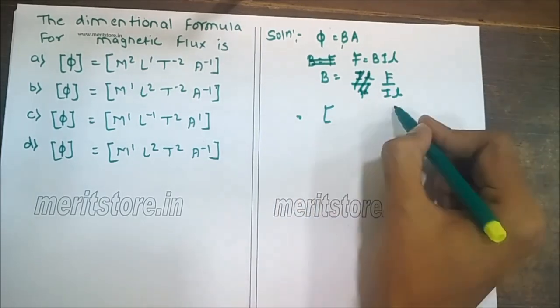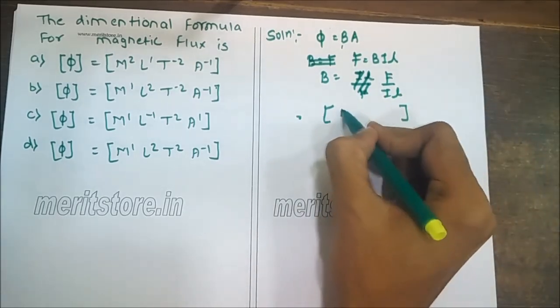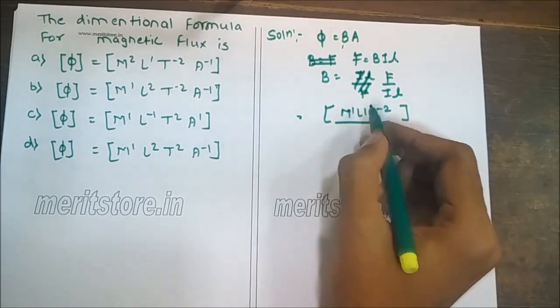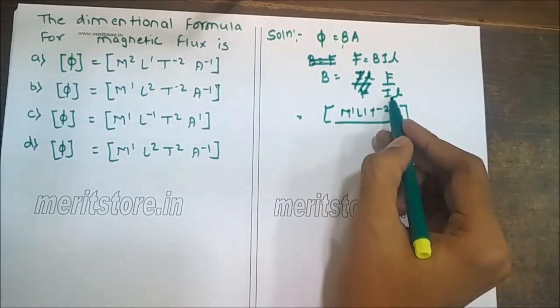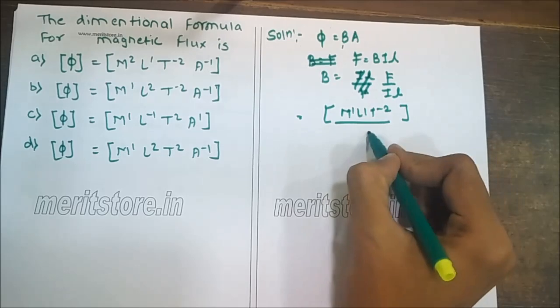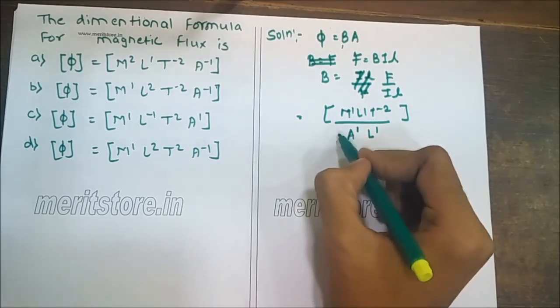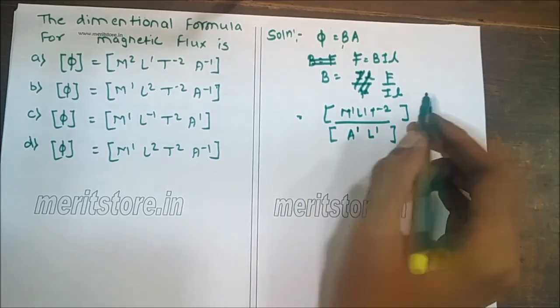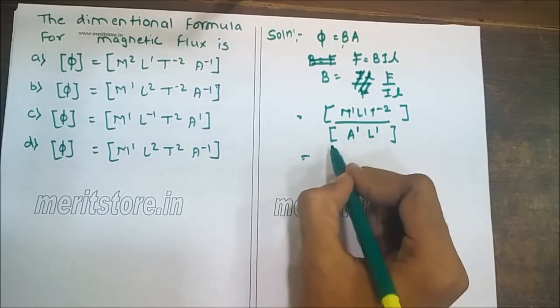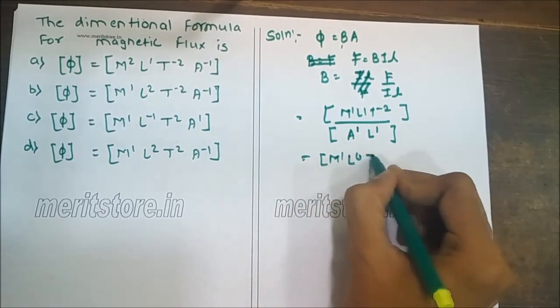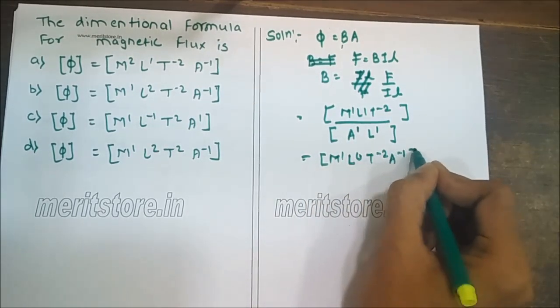So we get the dimensions of force, that is M1 L1 T raised to minus 2, upon the current multiplied by the length. The length will be 1 and the current A becomes again 1. So in all we get M1 L0 T raised to minus 2, A raised to minus 1.